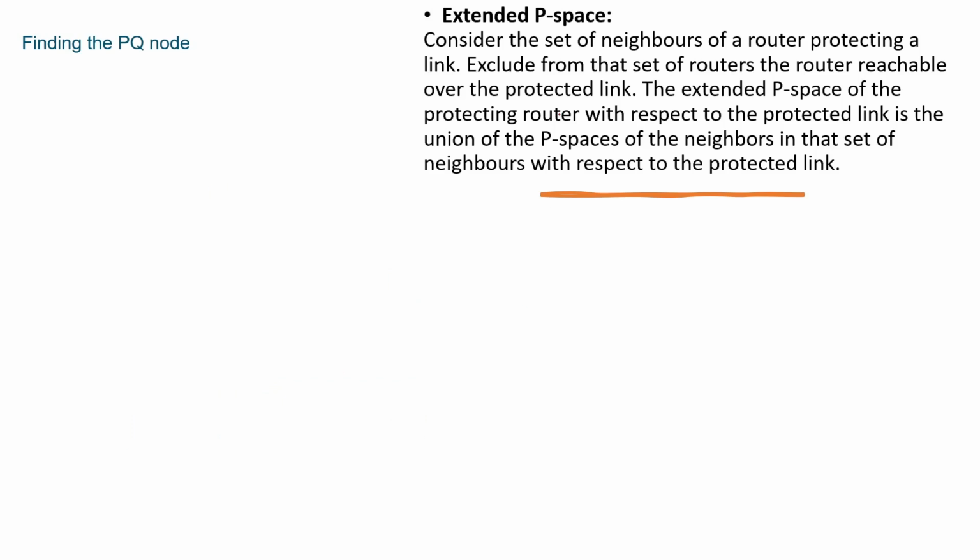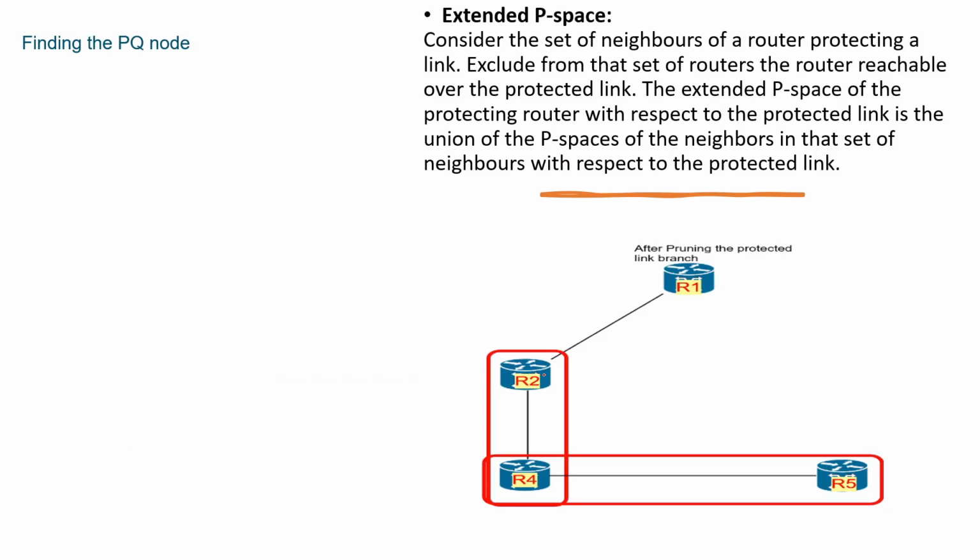What is the extended P space? It is on behalf of the immediate neighbor, where it can reach routers without going over the protected link. So in this case, R5 becomes the extended P space for R1.